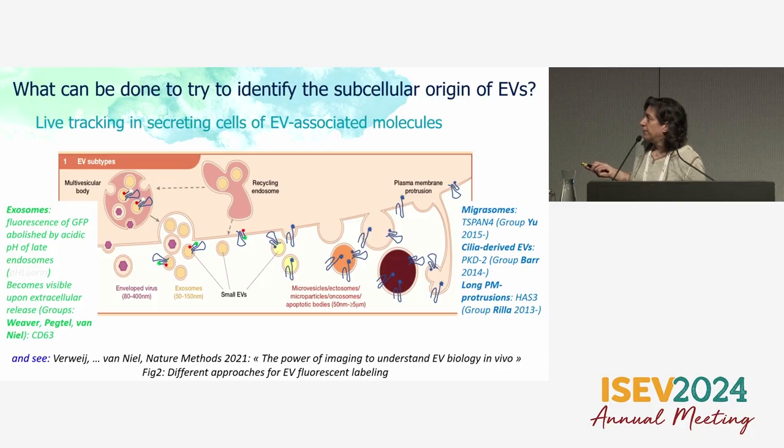And a variant of this is CD63 fused to a GFP that's sensitive to pH, pHluorin. The CD63-pHluorin is not fluorescent when it's inside an internal acidic compartment, but it becomes fluorescent when it's released outside, where the pH is not acidic anymore. This trick has been used by these groups to show that there was indeed multivesicular body fusion with the plasma membrane and release outside of vesicles bearing CD63.